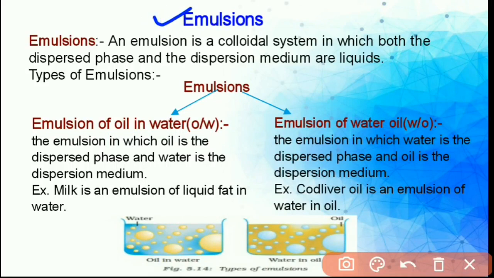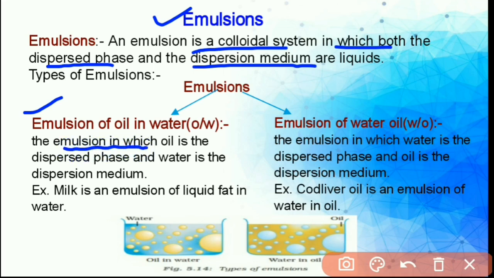Our next topic is emulsion. It is a type of colloidal system. An emulsion is a colloidal system in which both the dispersed phase and the dispersion medium are liquids. There are two types. First is the emulsion in which oil is the dispersed phase and water is the dispersion medium.